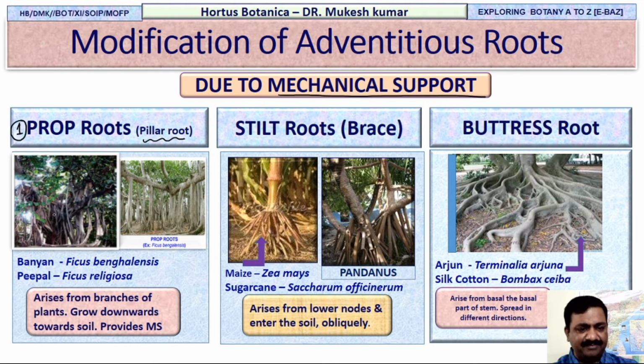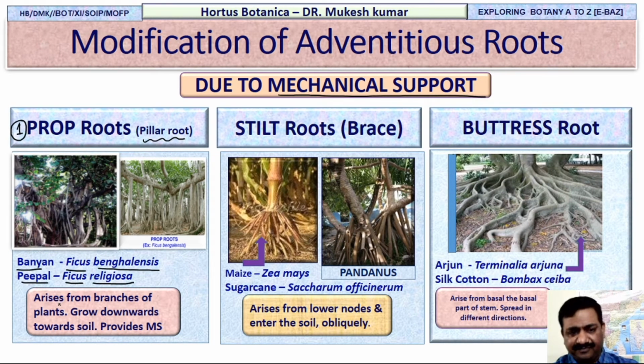See, a very good example is also given in our NCERT. This is the banyan tree, Ficus bengalensis, scientific name. Another we have is peepal, Ficus religiosa, a religious plant. We worship this plant. So we have 2 important ficus species, banyan and peepal.